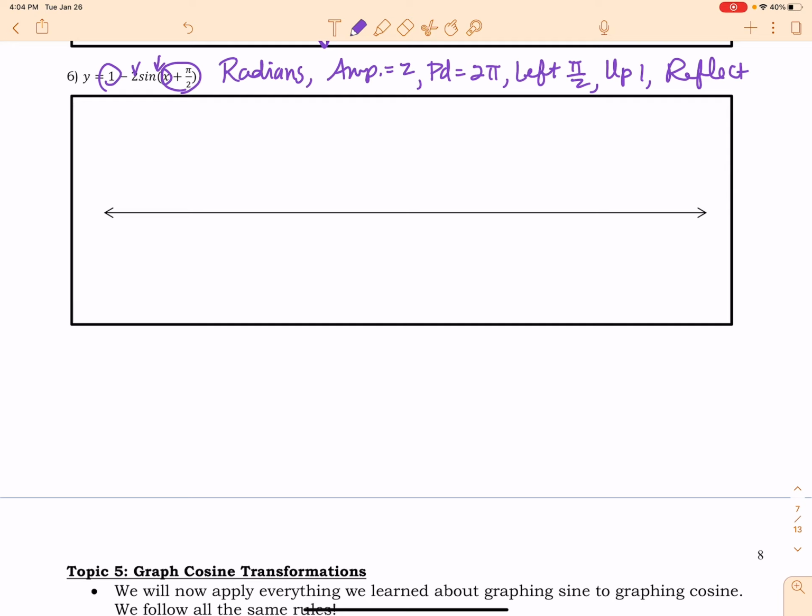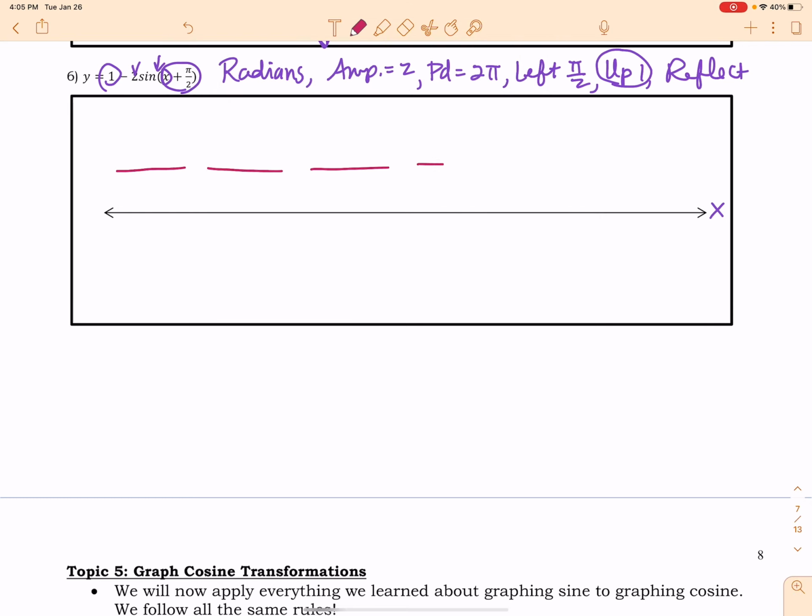All right, so the very first thing we want to consider is this up 1 here. That's the first thing we need to do, because the x-axis is not going to be the center of my graph. The center of my graph is actually going to be up here.